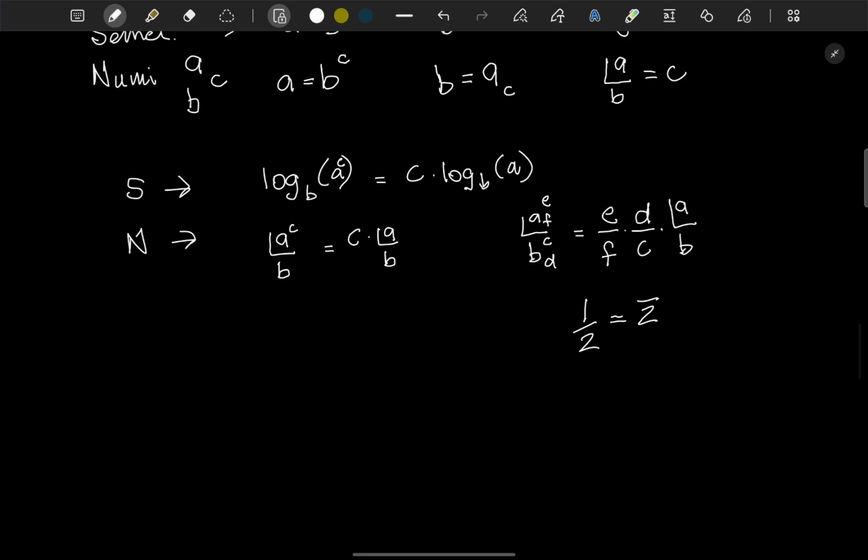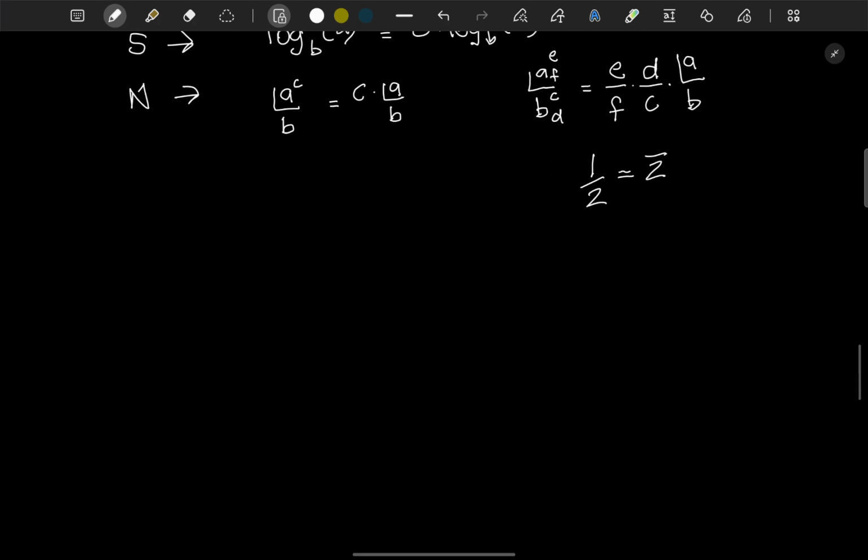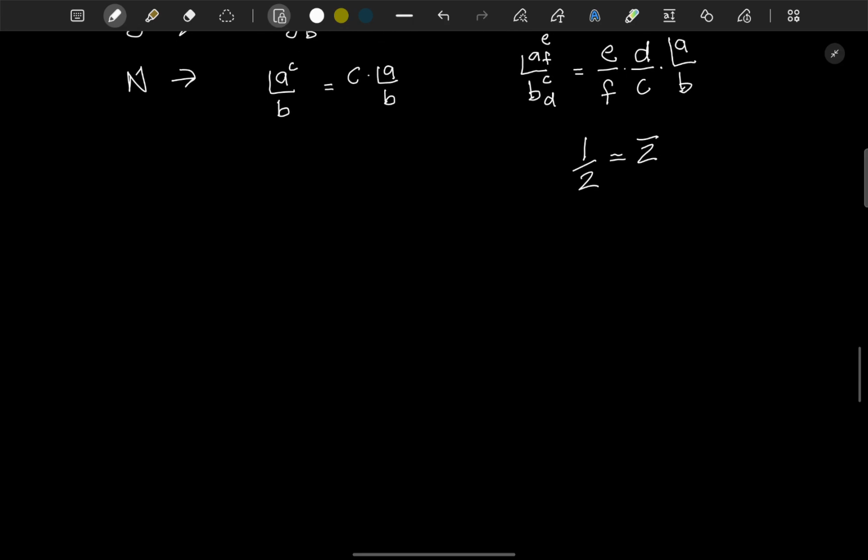Okay, let's get back to our original and also as we know, log 2 of 3 plus log 2 of 4 is equal to log 2 of 3 times 4, which equals log 2 of 12.